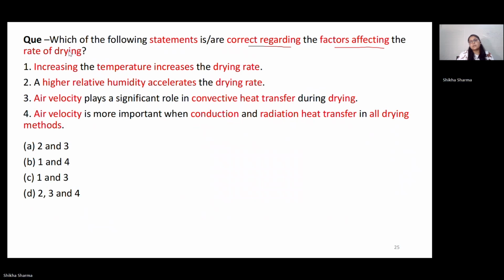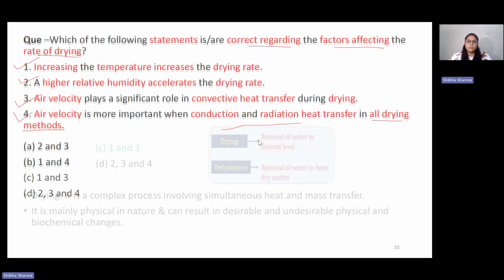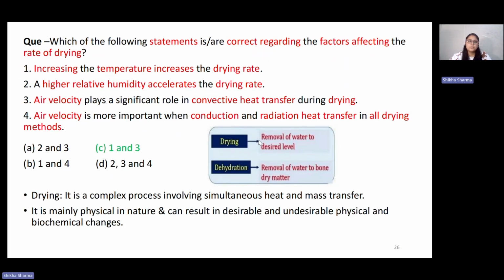And fourth, air velocity is more important for conduction and radiation heat transfer in all drying methods. Let's discuss the solution: options 1 and 3 are correct here.